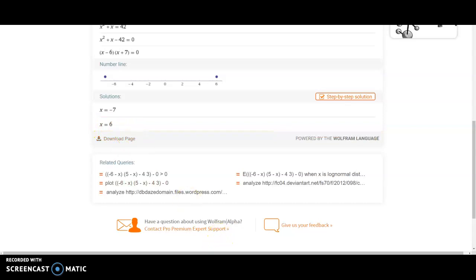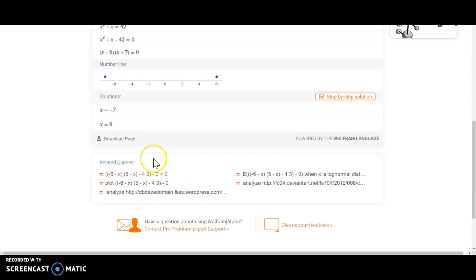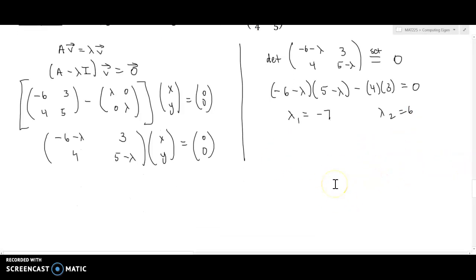Those are our 2 eigenvalues. Again, it's arbitrary which ones you call lambda 1 and lambda 2. Later on, we'll establish a convention for this, but for now, it doesn't matter what order we put them in.